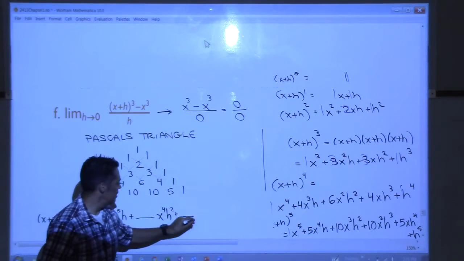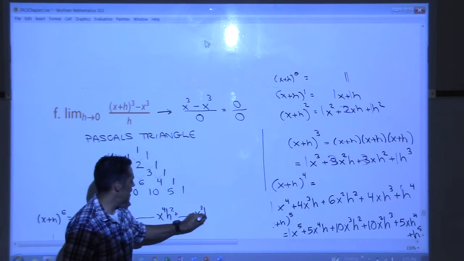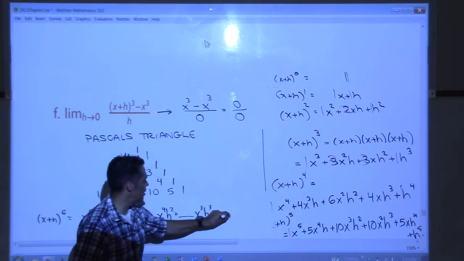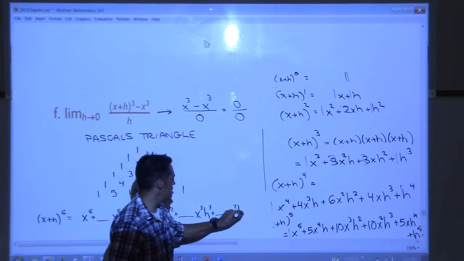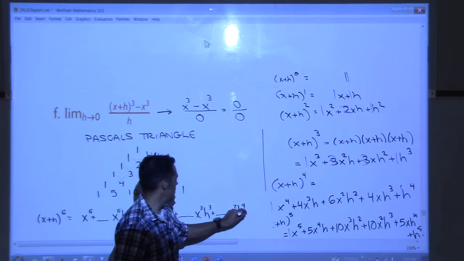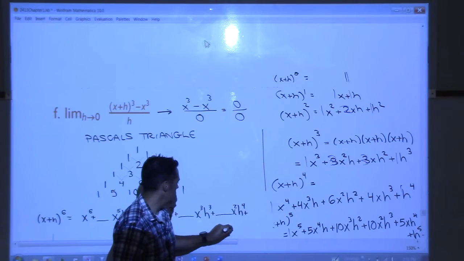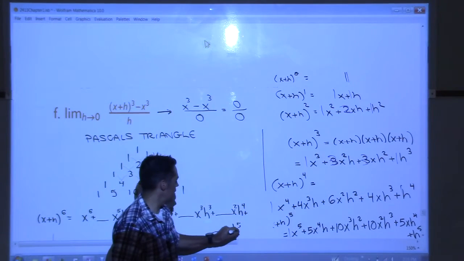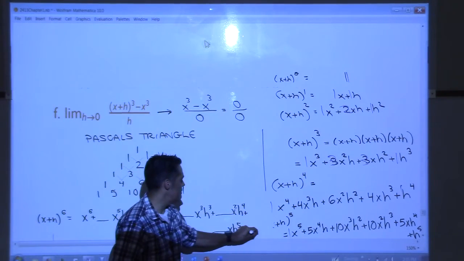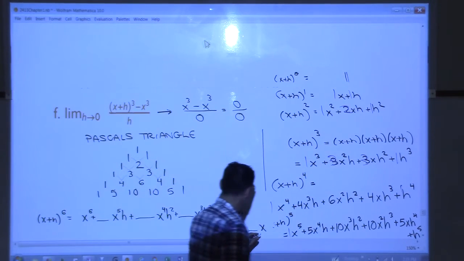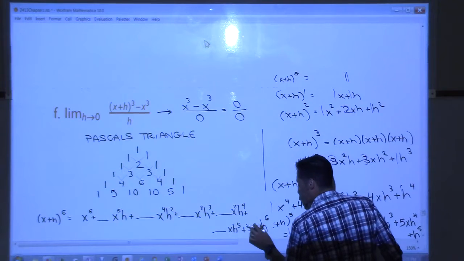Plus number, x to the 3rd h cubed. Plus number, x squared h to the 4th. Plus, I'm running out of room, number, x h to the 5th, plus number, h to the 6th.